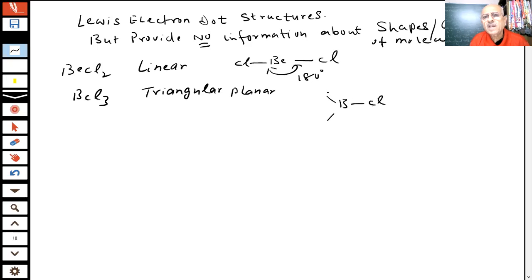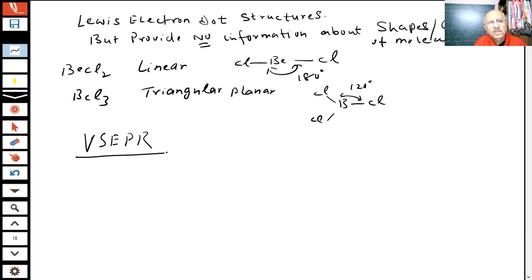Students, Cl, the bond angle 120 degree. Now, how do we explain the shapes of the molecule, student? That was the question. So one of the theories which has been proposed is VSEPR, students.